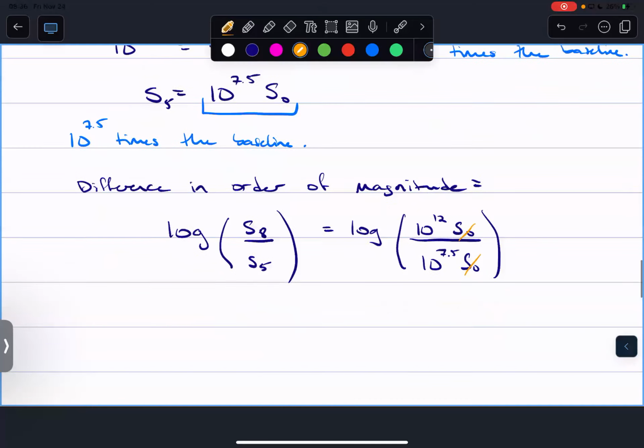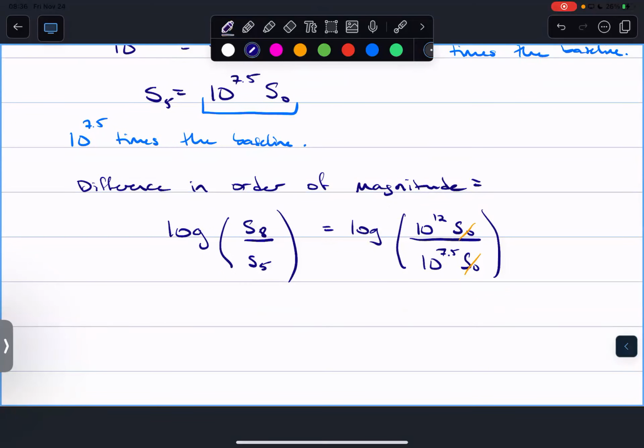So now this becomes the log of 10 to the 12 minus 7.5, which is 4.5.